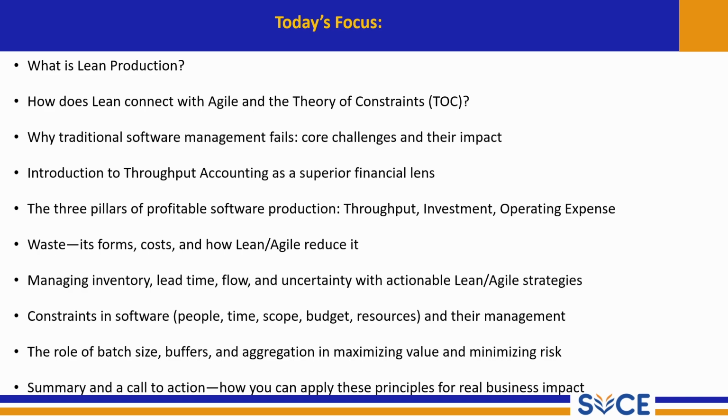Throughout this session we are going to learn about what is lean production, how lean connects with agile and the theory of constraints, and why traditional software management fails, what are the core challenges and their impact.